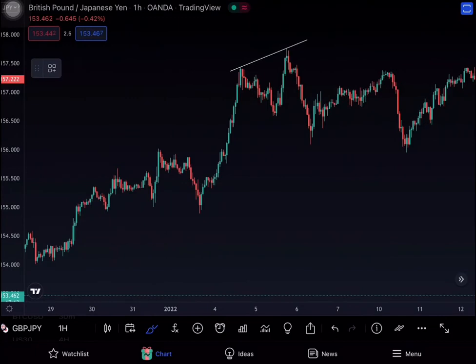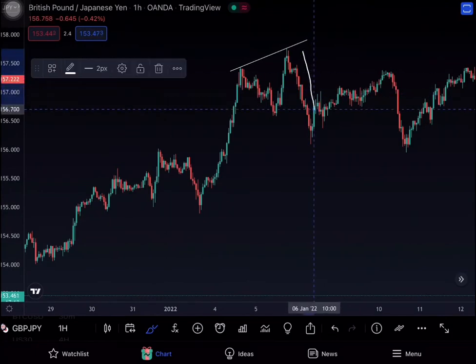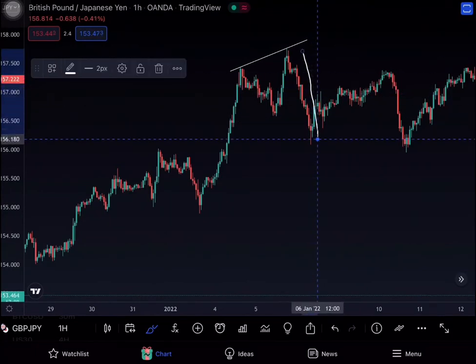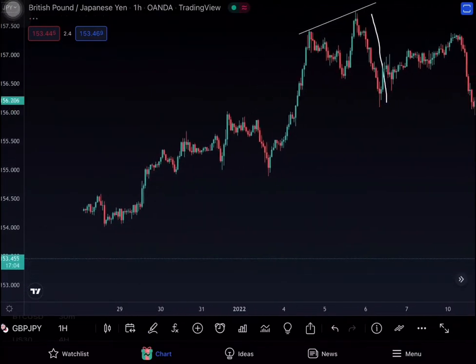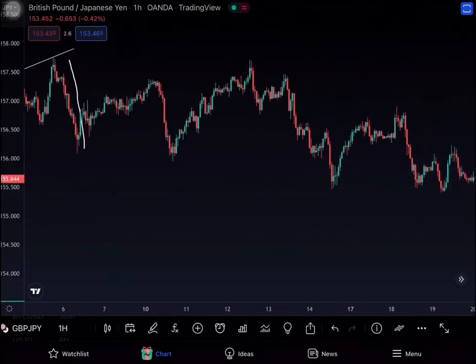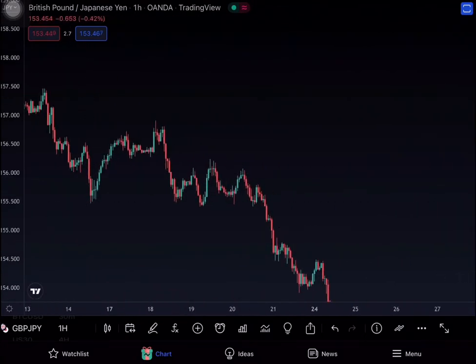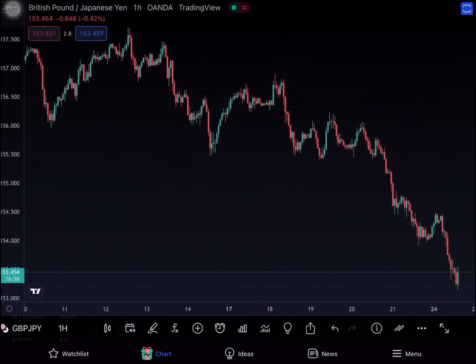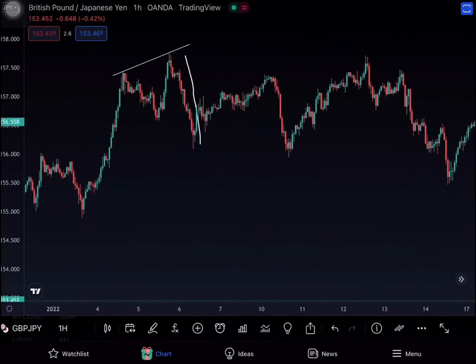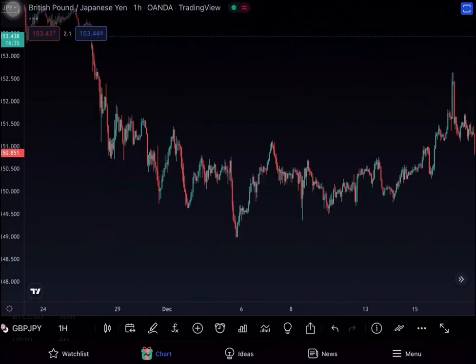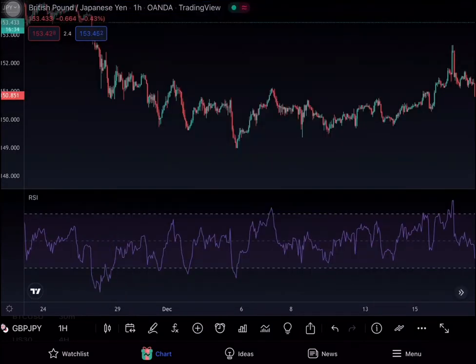Okay, let's find another example. When you see a big drop, you should find the divergence. You know why? Because big drops most of the time come with a big divergence, like this example that I show you. Look at here, okay?